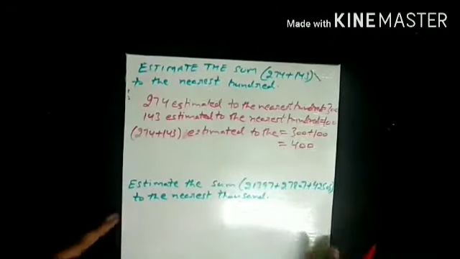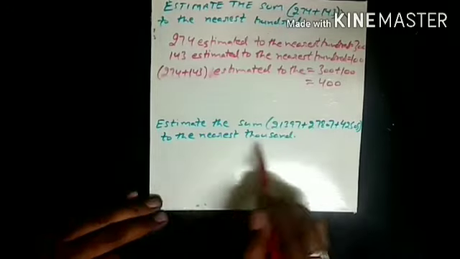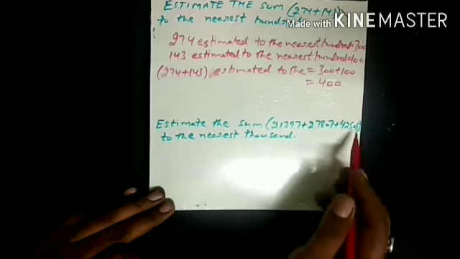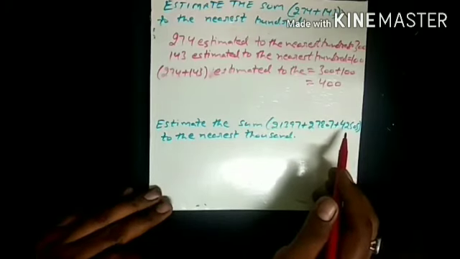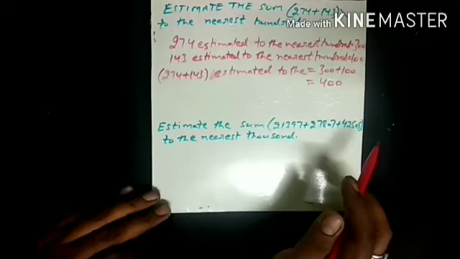Clear? Now estimate the sum of these to the nearest 1000. Now we have to round off these three entries to the nearest 1000, and then we will have to add those rounded off numbers.